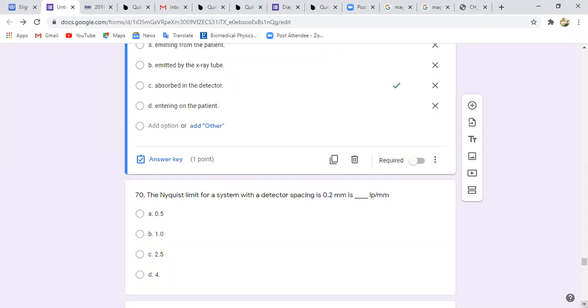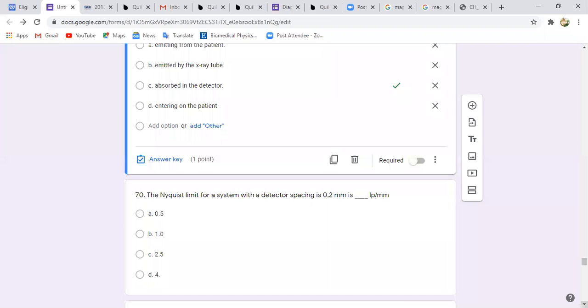That is 1 over 0.4, which gives us 10 over 4, so 2.5.